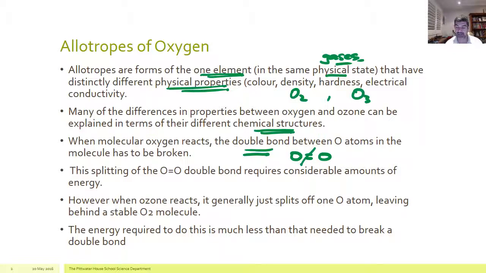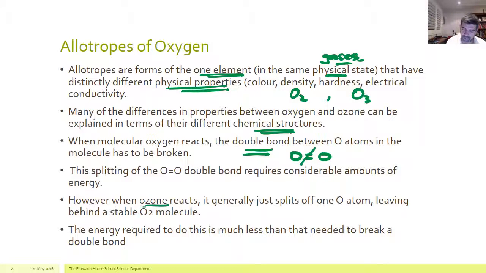This requires a reasonable amount of energy. Now we know that double bonds are reactive and unstable, and we've certainly looked at these in our alkenes, and so they will react and they will do so reasonably readily. But there's still an amount of energy that's required in order to break those bonds.